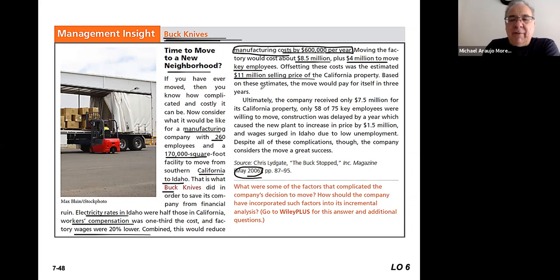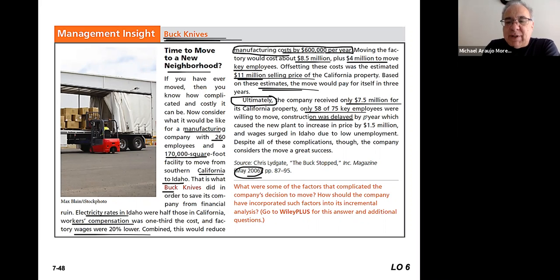So based on all of this, the move should pay for itself within a few years. Well, that was the estimate, and that's what they did. What was the reality? Well, the reality was they only received $7.5 million for the property, not the $11 million they were hoping for. Only 8 of 57 key employees were willing to go to Spud Country in Idaho.